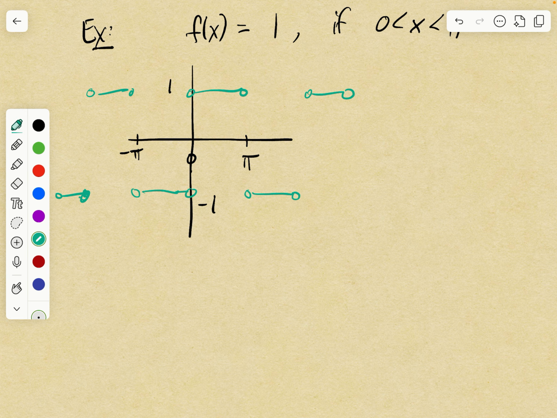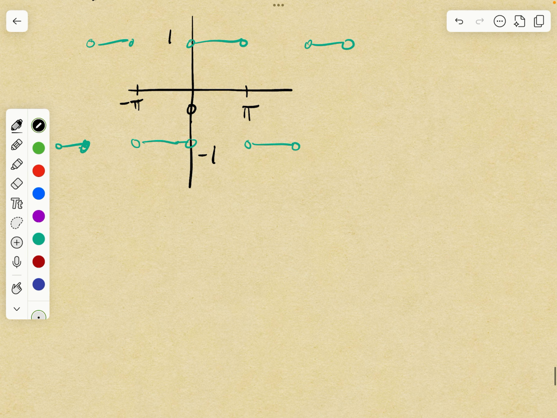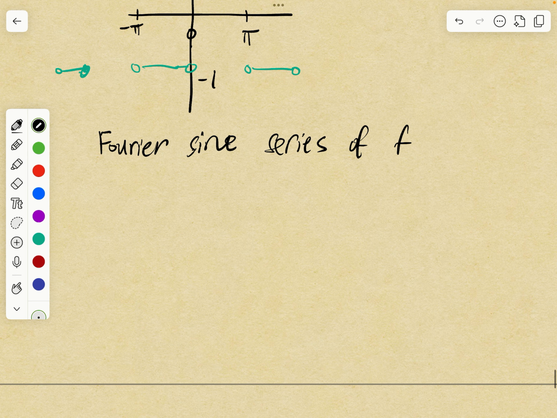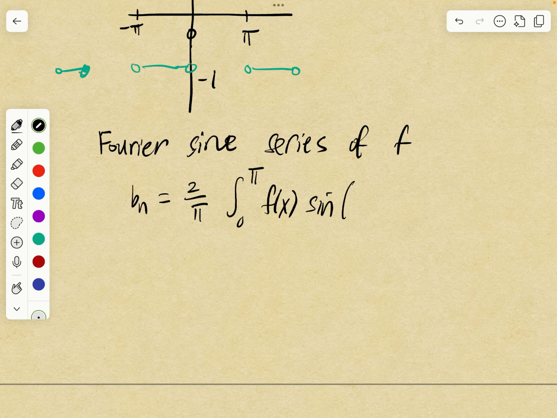The Fourier series of this is the Fourier sine series. So let's calculate the Fourier sine series of this function f. That's going to involve the bn's, which is 2 over t, and t in this case is pi, times the integral from 0 to pi of f of x times sine n pi x over t, which in this case is just sine nx.